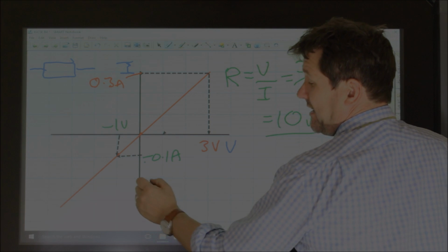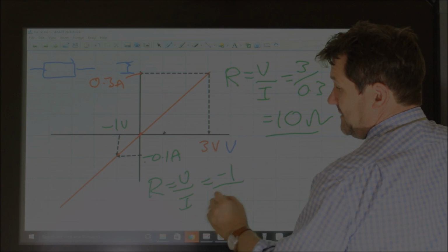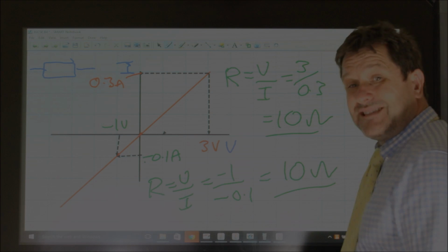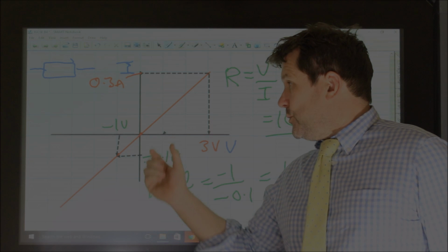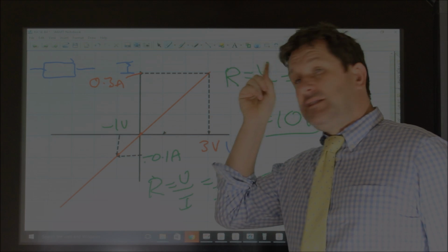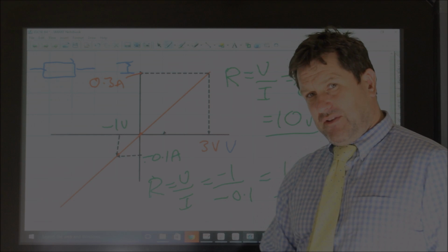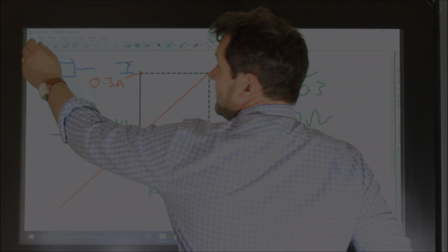So you could do the same thing. R equals V over I equals minus 1 divided by minus 0.1, which equals 10 ohms. So we can see it doesn't matter where you pick your points because they are directly proportional anyway in a fixed resistor. So you could be asked to find the resistance graphically for a fixed resistor.